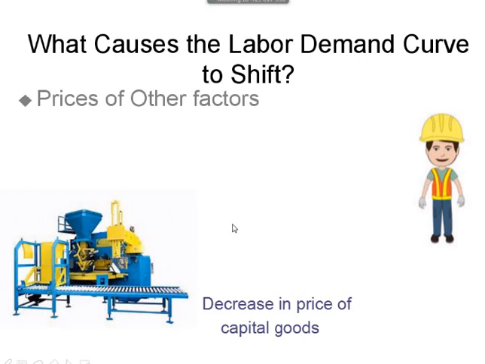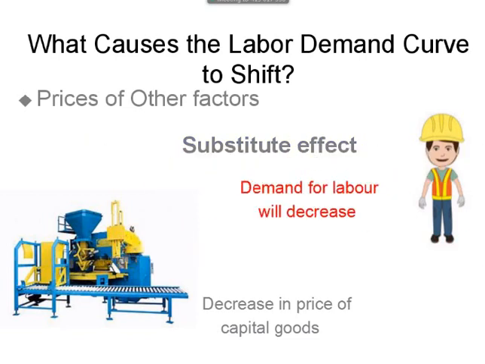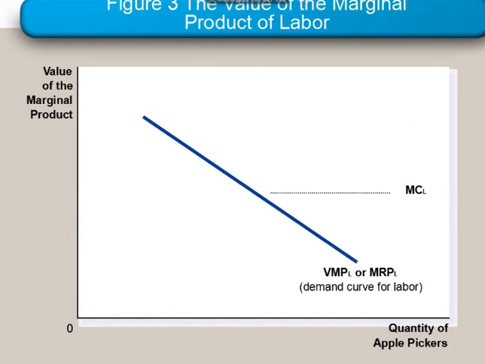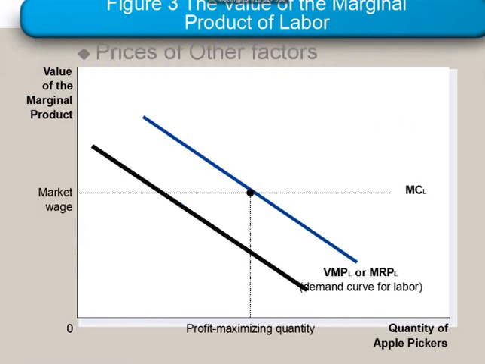So immediately a firm would decide to buy machines instead of hiring laborers to continue the production. And if that happens, then there will be a substitution effect. As for the substitution effect, the firm would prefer more capital goods or machineries over labors. So demand for laborers in that case is going to go down. That means there will be a shift leftward.